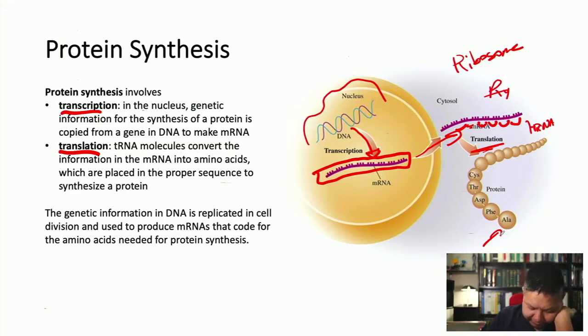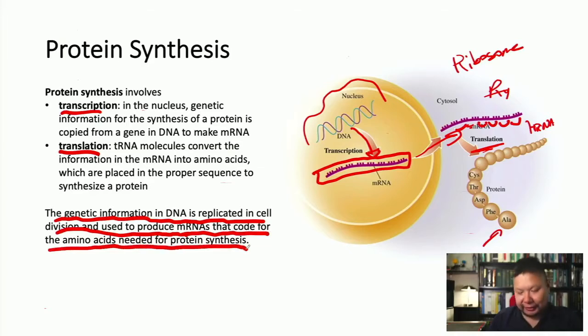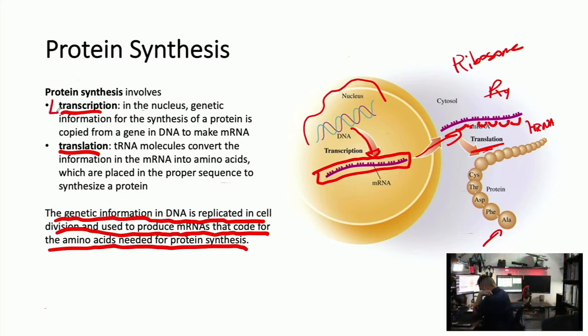We'll look at it more deeply in a second. So the genetic information in DNA is replicated in cell division, and is used to produce RNA that is the code for amino acids needed for protein synthesis, right? So those are the 2 processes that you need to remember right here: transcription and translation. Okay, those are the 2 processes.